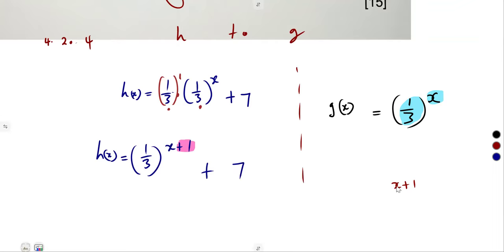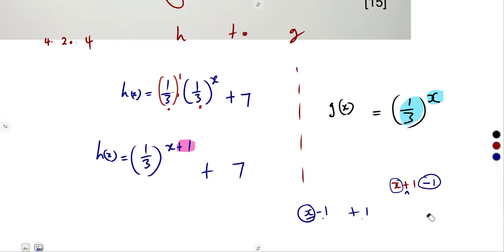We had to substitute x minus 1, so that when we have x minus 1 plus the 1 that is originally there, minus 1 plus 1 is 0. So you are left with x.